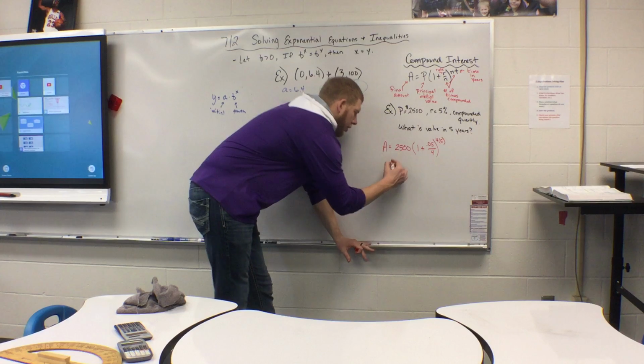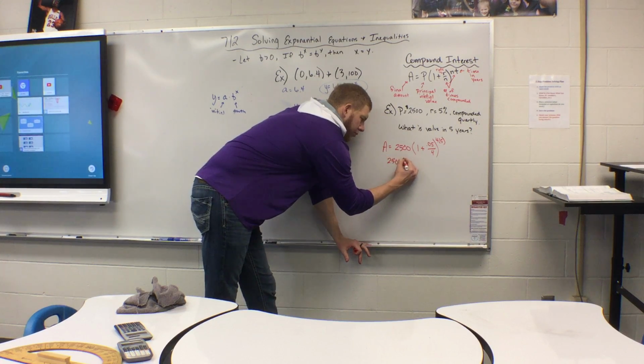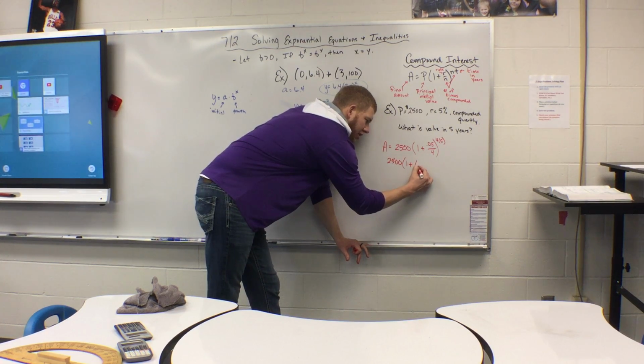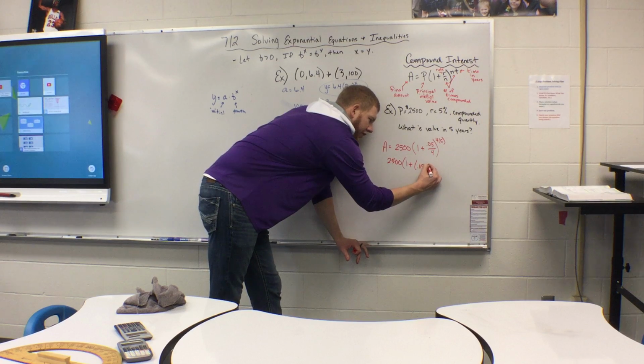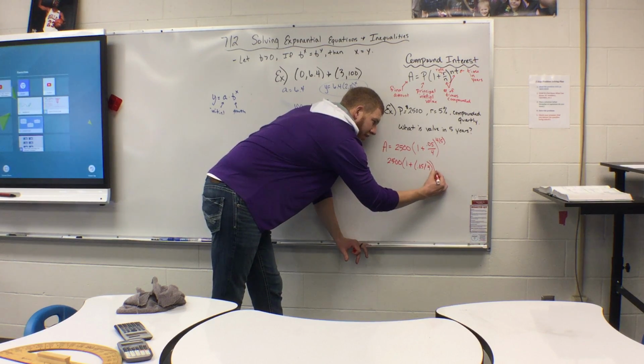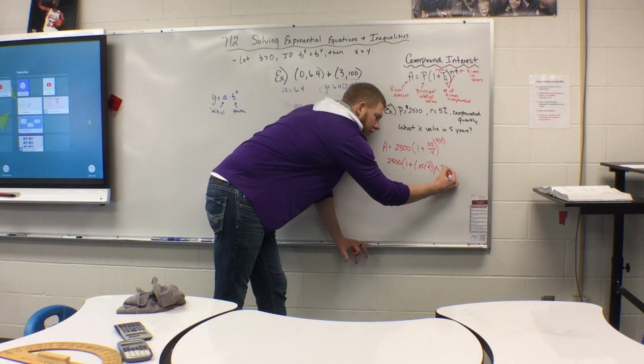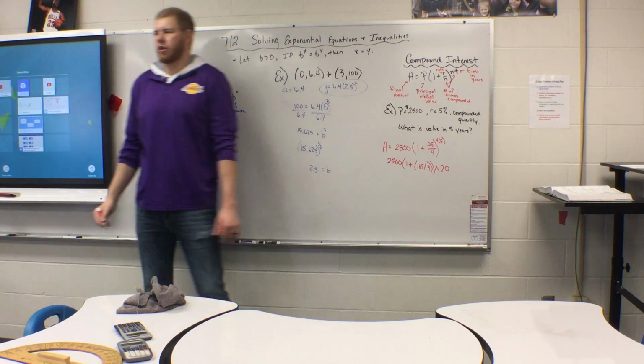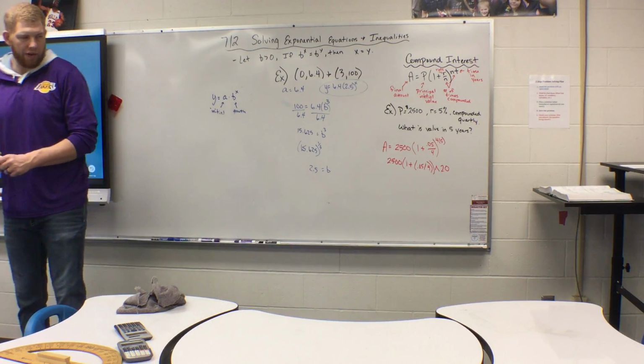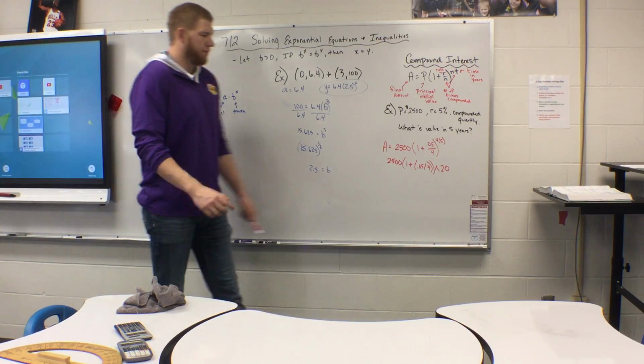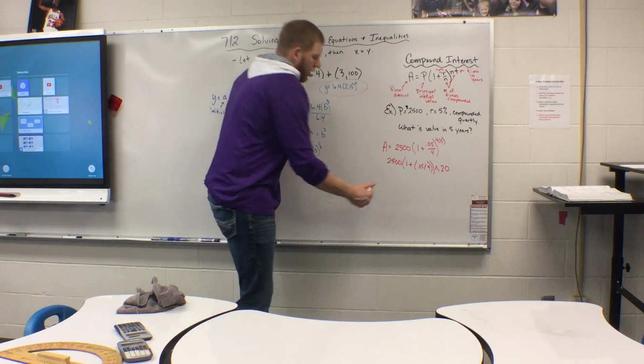So 2,500, parenthesis, 1 plus, parenthesis, 0.05 divided by 4, parenthesis, caret, and then I would just do that multiplication in your head, 4 times 5 is 20. Then hit enter, and we get what?